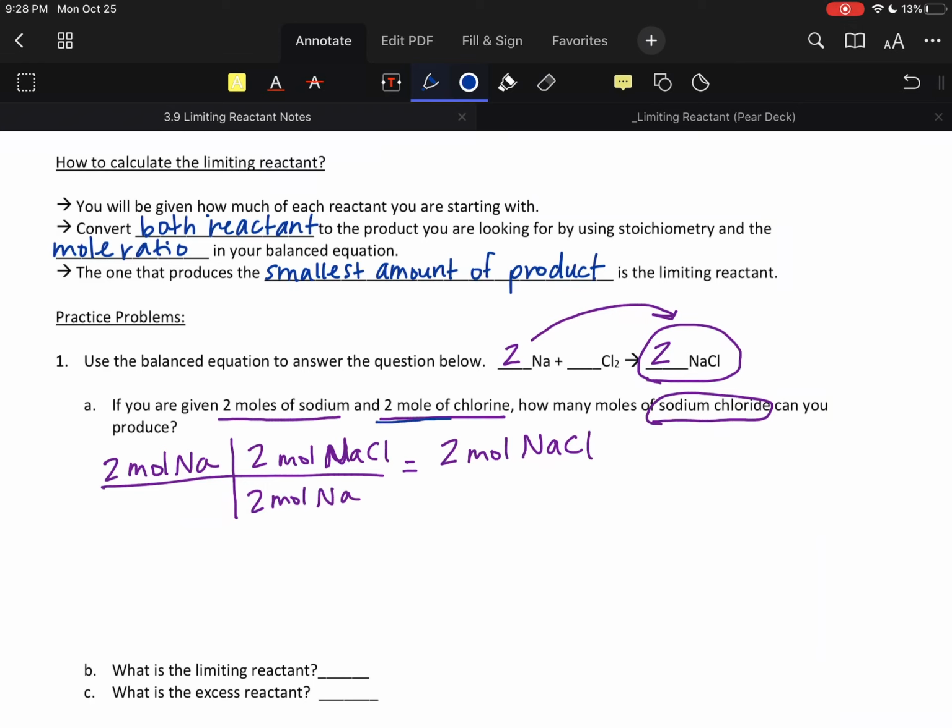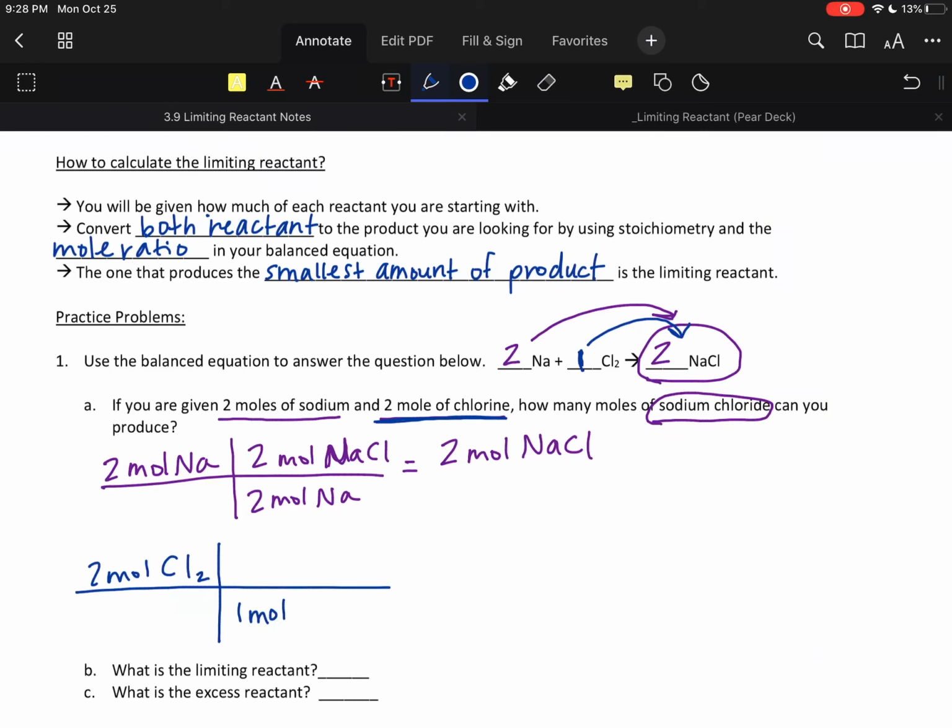Now, let's look at my 2 moles of chlorine. So I'm just going to write it down. Now I'm trying to go from here to here. So I'm just going to compare my number of moles. Remember, if there's nothing there, it's a 1.